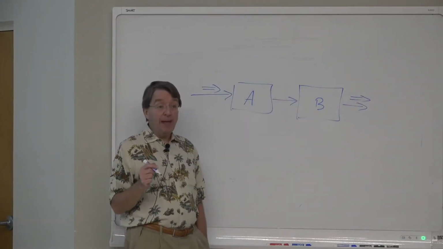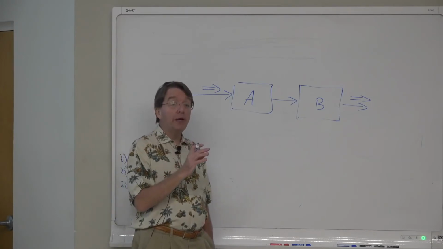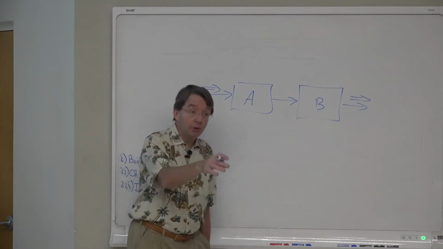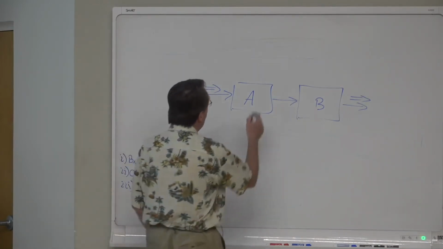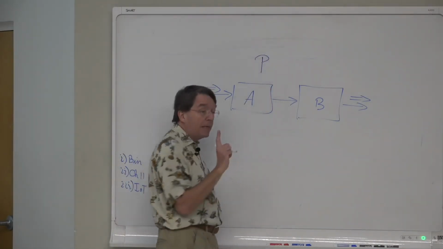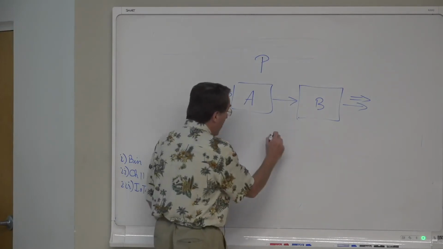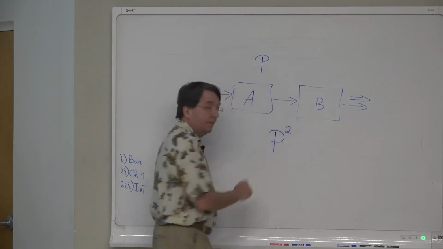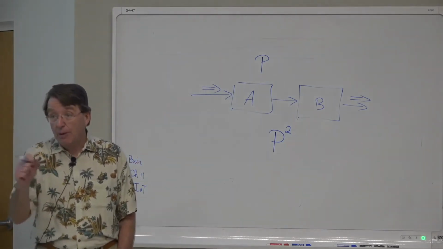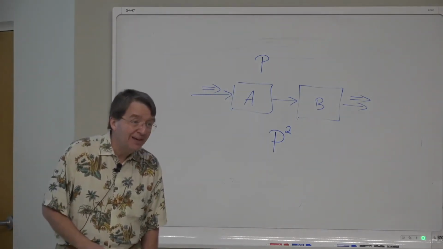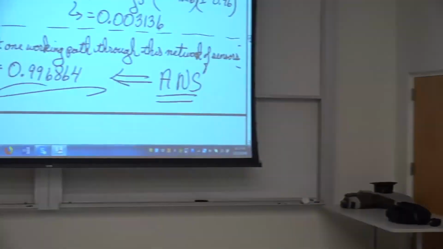And since they're independent, we take the probability of working for sensor A and multiply it by the probability of sensor B working. So Alexandra, suppose they both had the probability P of working. The only way this upper path works is if sensor A works and sensor B works. So it's an and, so we multiply. Did I do okay? All right.